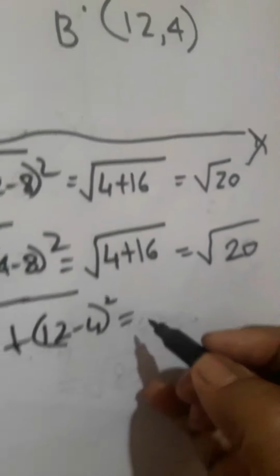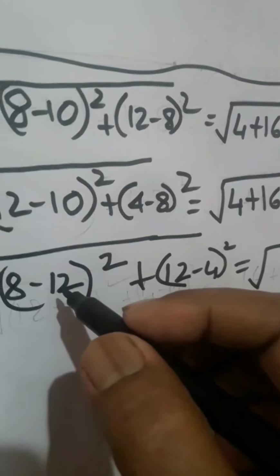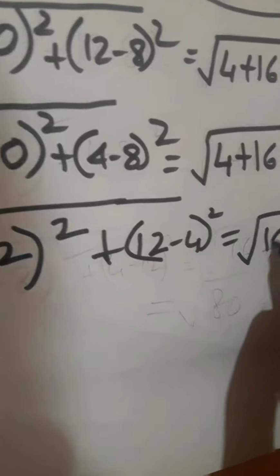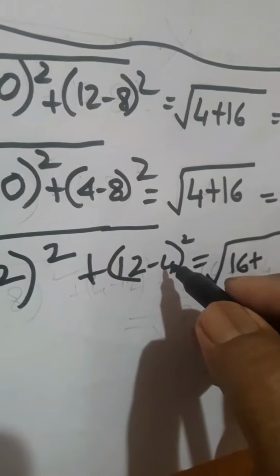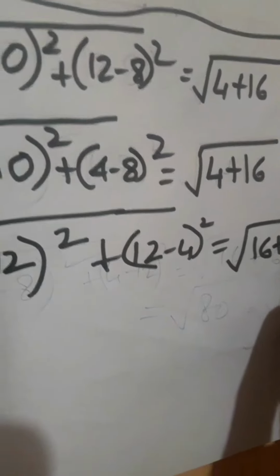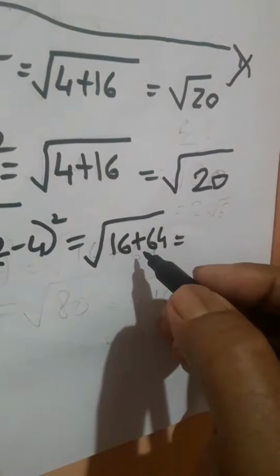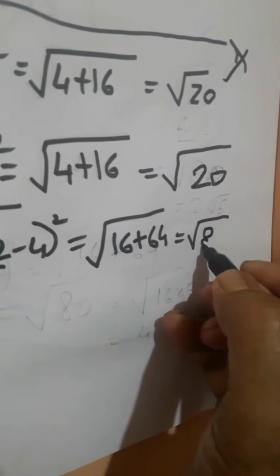That gives us root of 8 minus 12, that is 16, plus 12 minus 4, that is 8 square, that is 64. So that is going to give you 64 plus 16, it is root of 80.